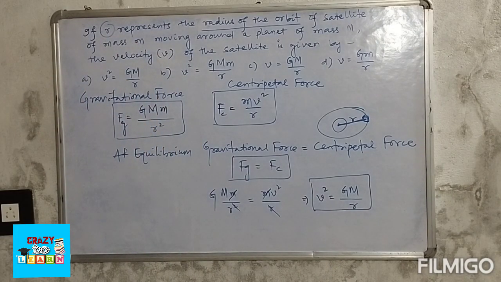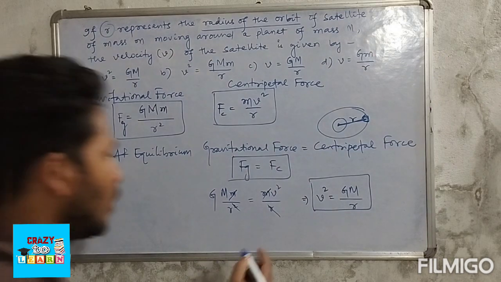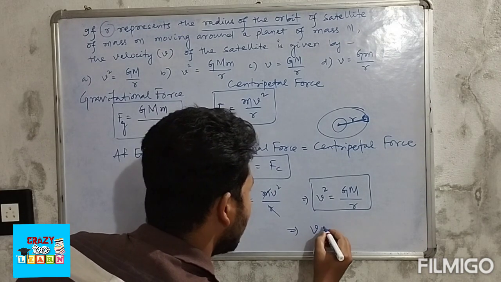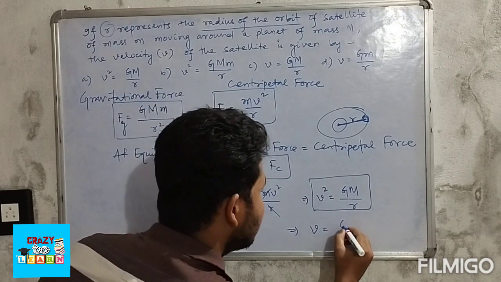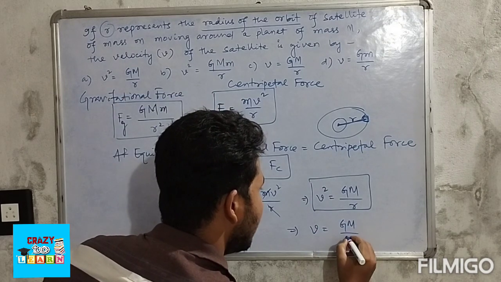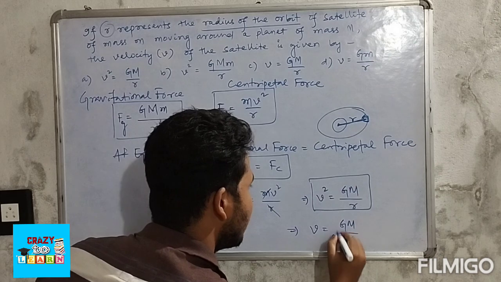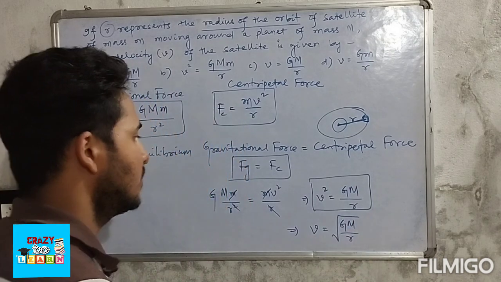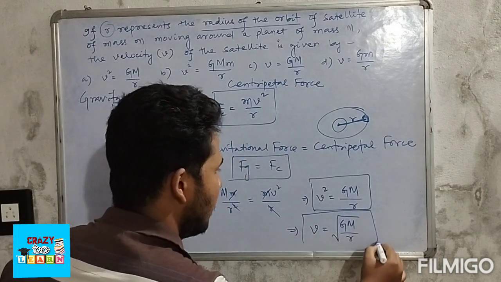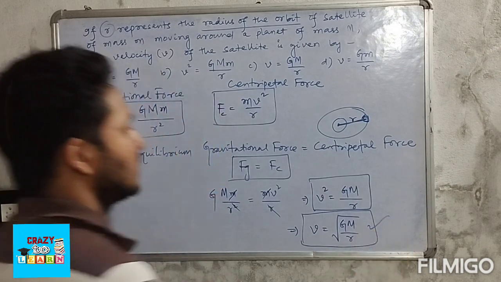The velocity of the satellite, v square is equal to capital G capital M by r. Otherwise we can also write small v, the velocity of the satellite, is the square root of capital G capital M divided by small r. So this is the formula for the velocity of the satellite.